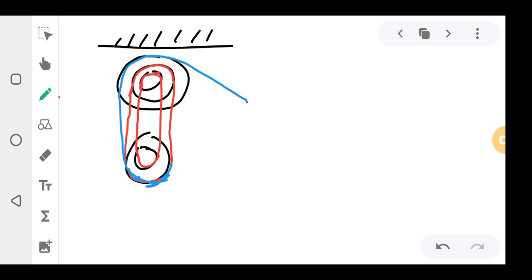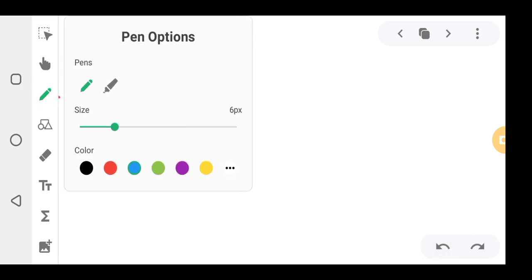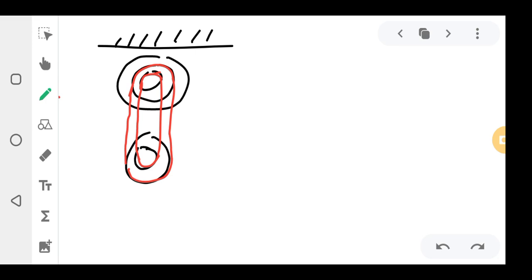Okay, so it's already attached. Actually, let me just use a red one so that you understand. It's also attached like this.